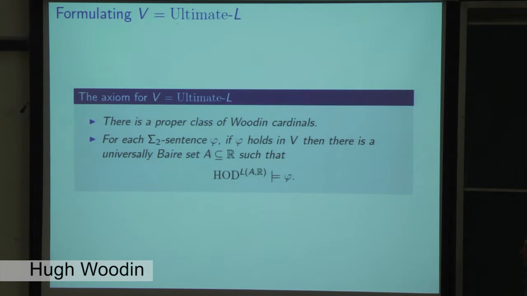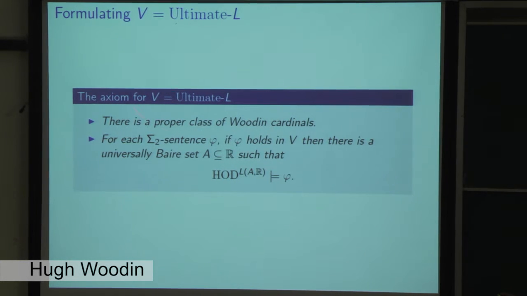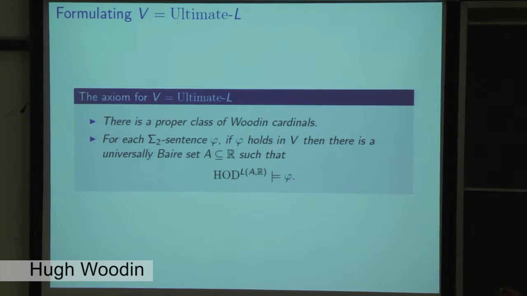Well, if I was in my ultimate L or in my L, I just reflect into those. And so that's the formulation. Proper class of Woodins, just to make the universally bare sets nice, we just reflect sigma 2 sentences. So it's very much like that formulation of V is equal to L, except we're enlarging or changing our notion of test models.